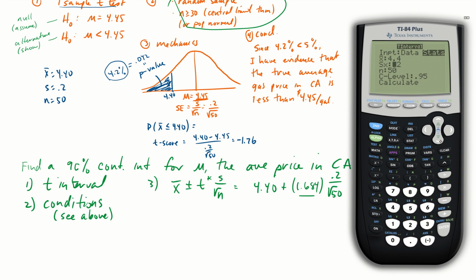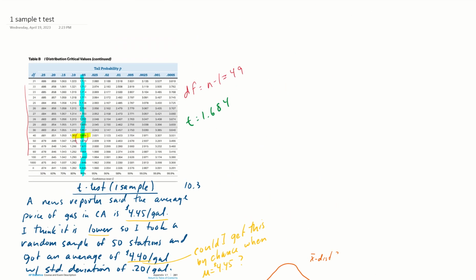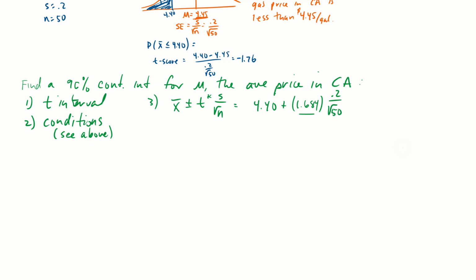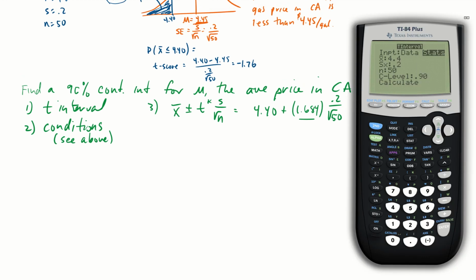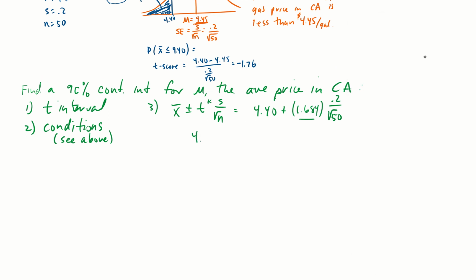It kept my data from the other t-test we did, 0.250, and I said a 90%, didn't I? Did I do 90% up here? Yeah. 90, calculate. And my interval becomes 4.35, 4.45.